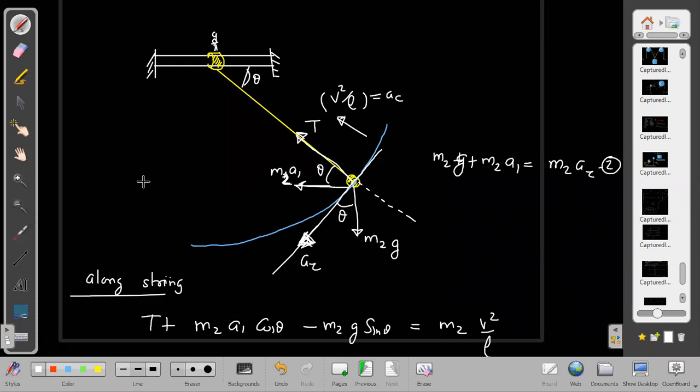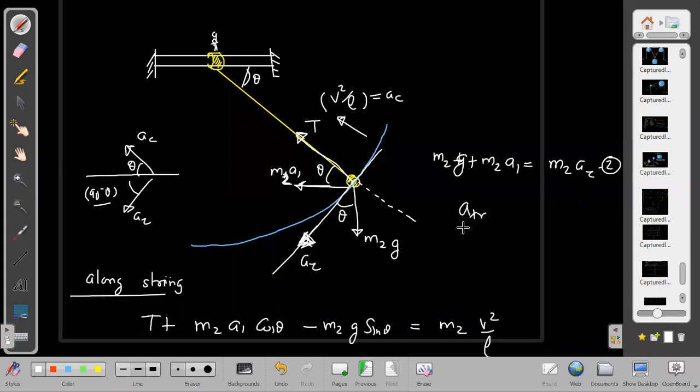Also, if I have these two accelerations, centripetal and tangential, using these two I can find out the relative acceleration in the horizontal direction. What is the angle made by this with horizontal? Theta. What is the angle made by this with horizontal? 90 minus theta. Then what is the relative acceleration in horizontal direction?